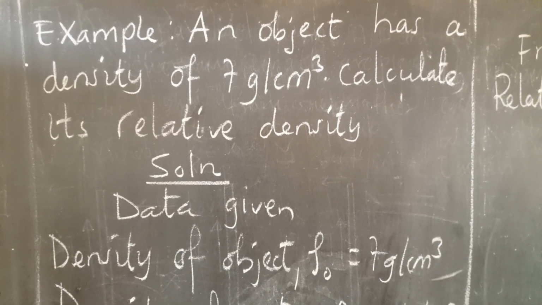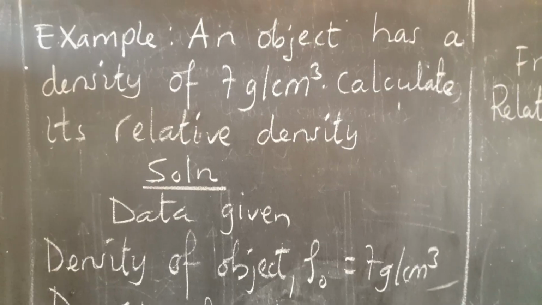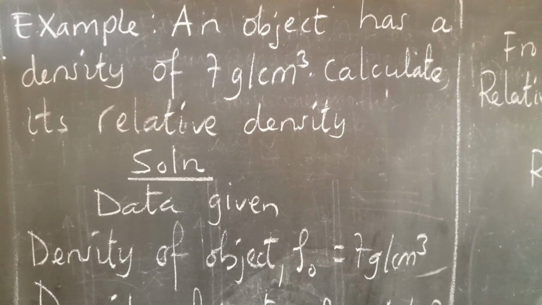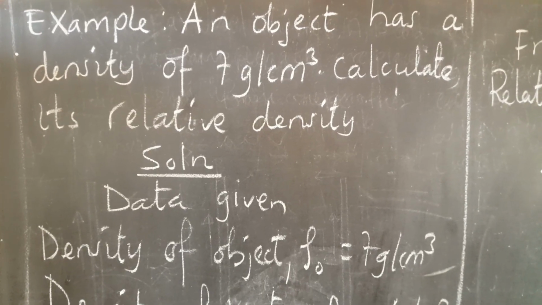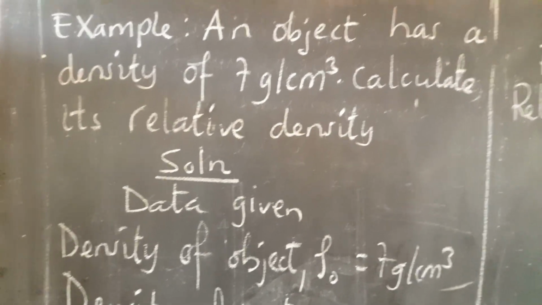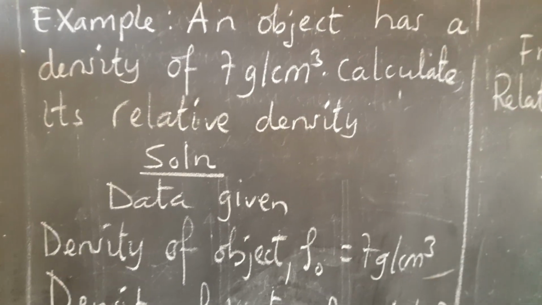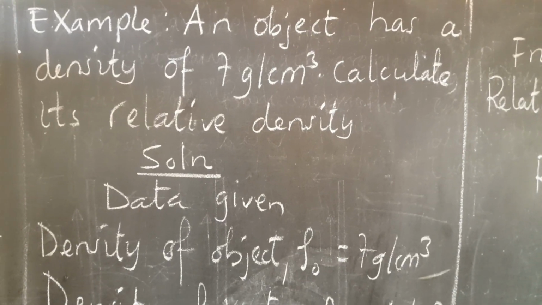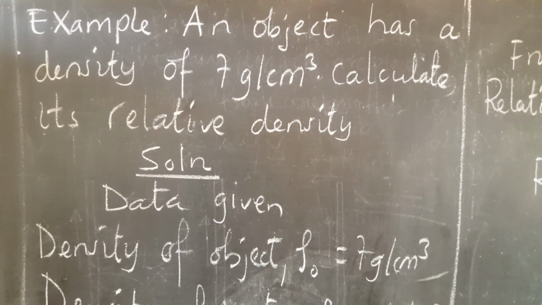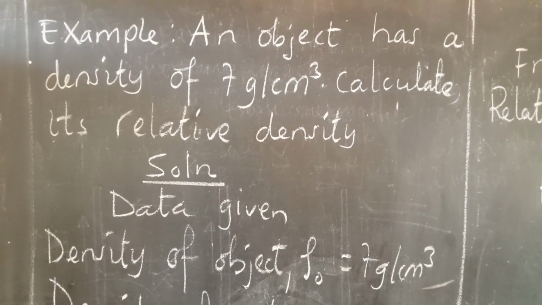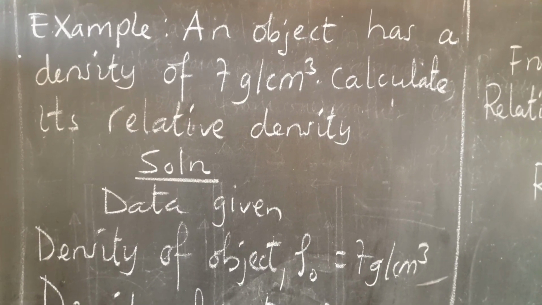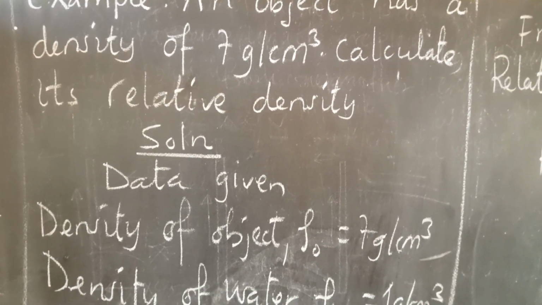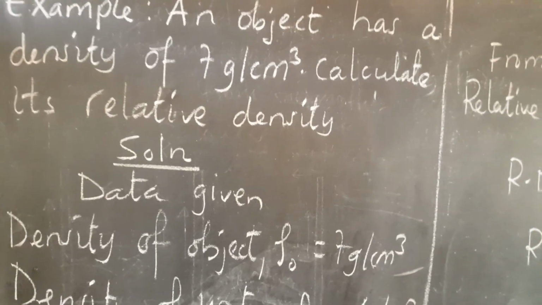You may see in our example, an object has a density of 7 grams per centimeter cubed. Calculate its relative density. So, in order to calculate relative density, we need to identify different data.